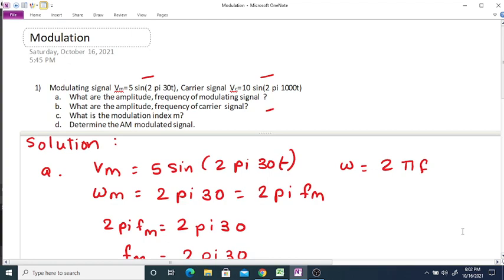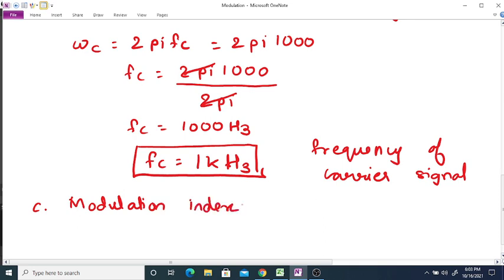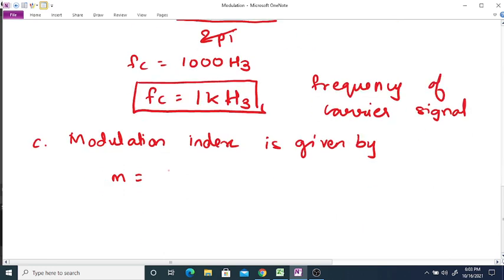Now, in part C, we have to determine the modulation index M. Now, the modulation index is given by M is equal to Am by Ac, that is, it is the ratio of the modulating signal amplitude to the carrier signal amplitude.